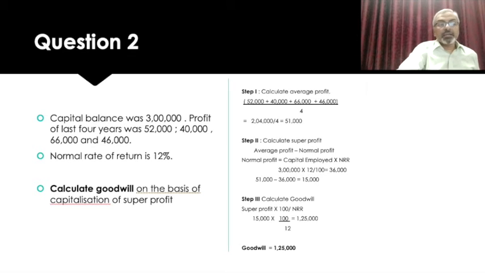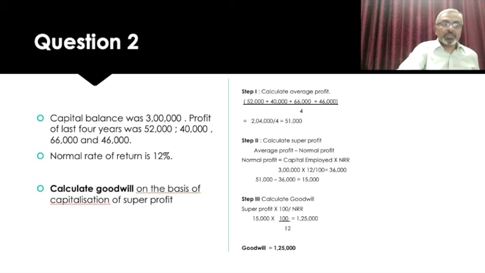So 3 lakh into 12 by 100 gives us 36,000. So we have two data now, that is the average profit 51,000 and the normal profit 36,000. And when we subtract 36,000 from 51,000, we get 15,000. This is our super profit.